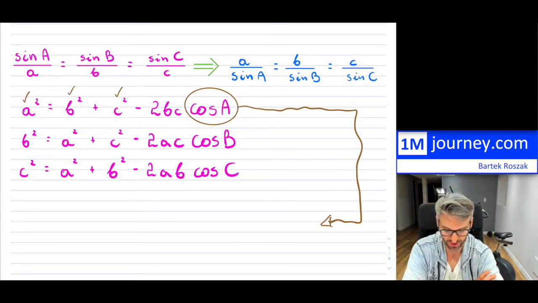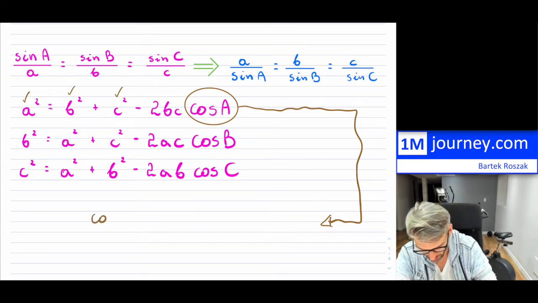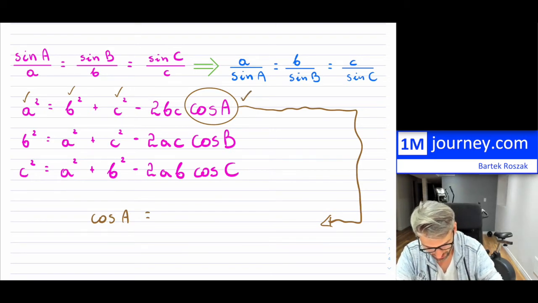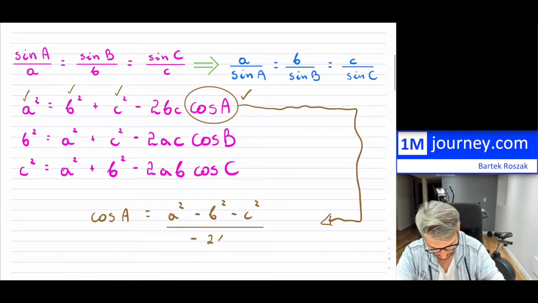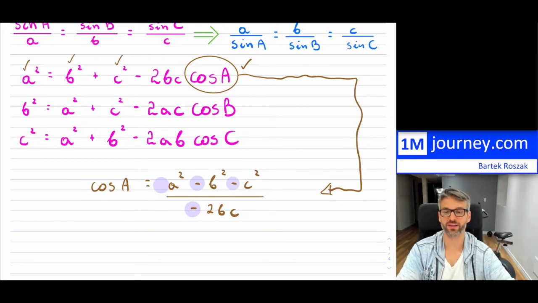If you do that, the cosine of whatever angle you choose, in this case I'm choosing A, is going to be, if you move over the other terms, b squared minus c squared, and then you can divide by negative 2bc. Now, we don't really like to have this negative in here, so we change the signs to get rid of that negative.